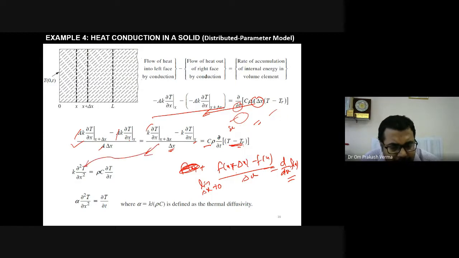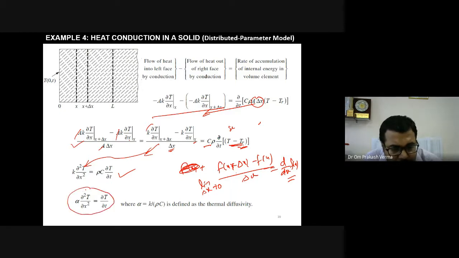Since k is a constant, we can write del squared T by del x squared equals rho C del T by del t. If the reference temperature is 0, or we have taken the deviation, this is simply del T by del t.